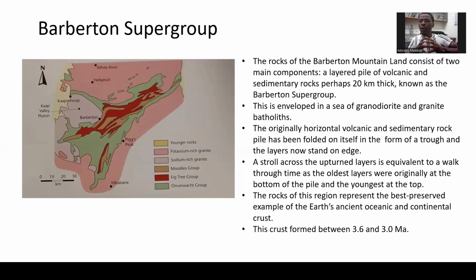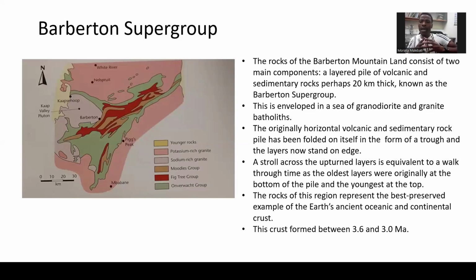And this is enveloped within the granodiorite and granite batholiths, or kept right within the TTGs.